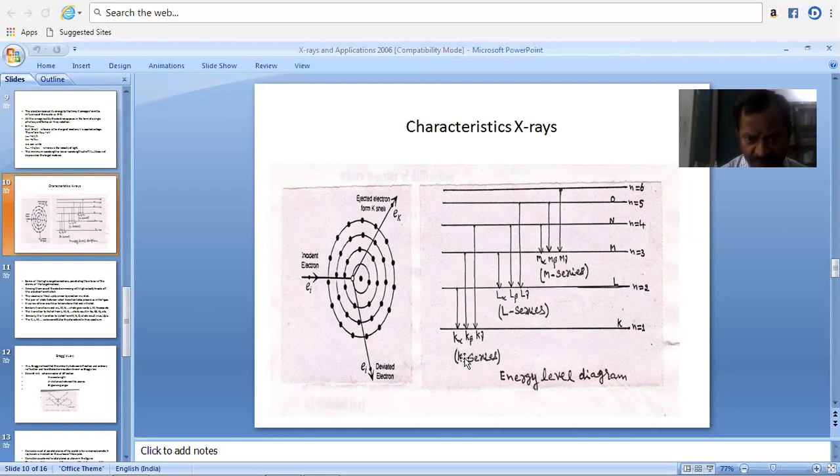These things we are going to call the K series. In the same manner, M to L, N to L, O to L: L alpha, L beta, L gamma. These series are called the L series, and so on to the M series.